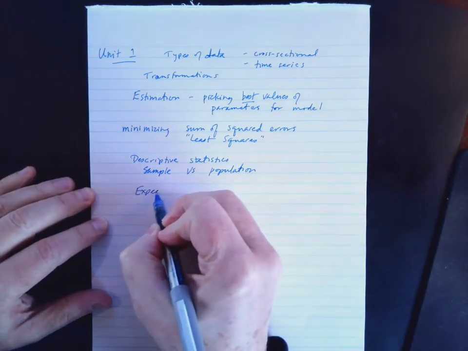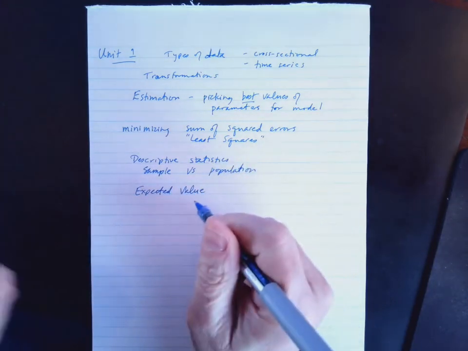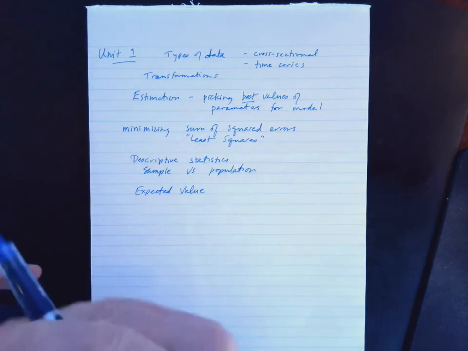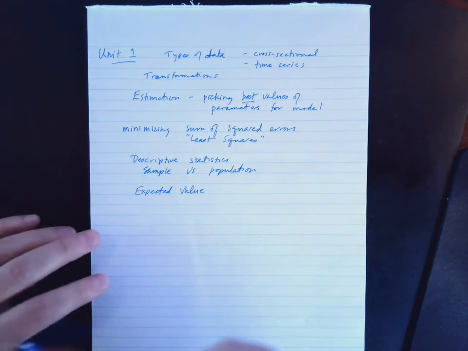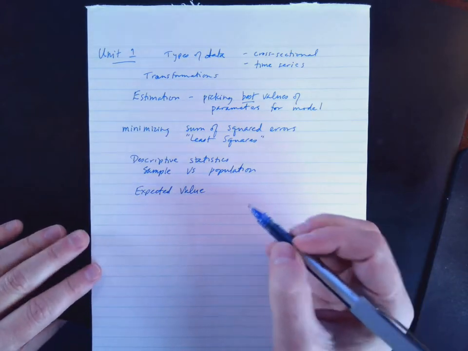Expected value. We saw an example of expected value as a weighted average, where the weights are based on the probabilities of that particular value. And then we also used it as an operator later in the course, a mathematical operator.